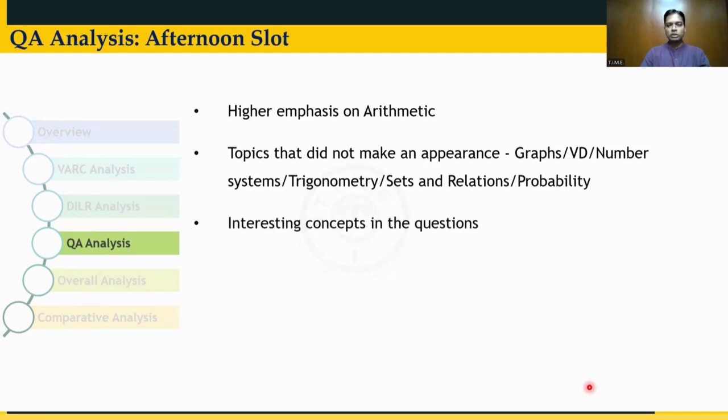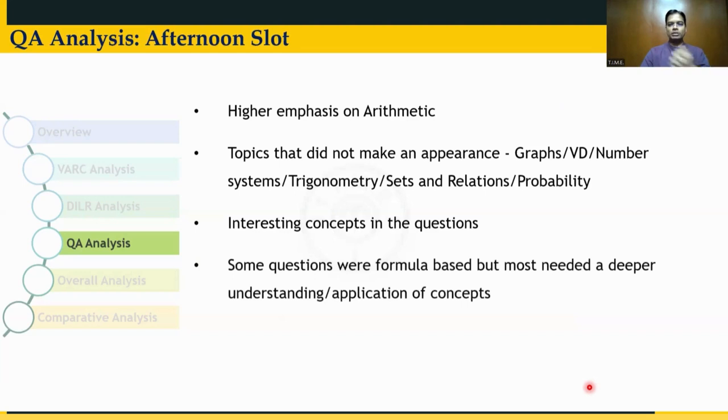So the interesting concepts in questions, now that is something which students have given feedback on. They said that while a handful of questions were very easy, there were several questions which needed application. So some questions were formula based, but most questions were the interesting ones, we could say. They needed a deeper understanding of the nuts and bolts of the concepts that you are dealing with.